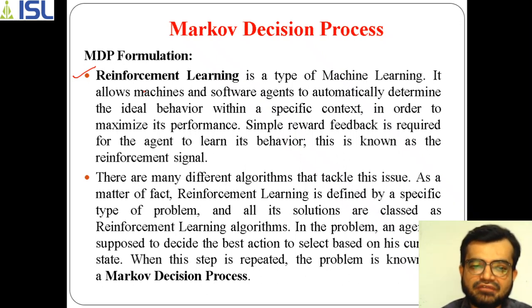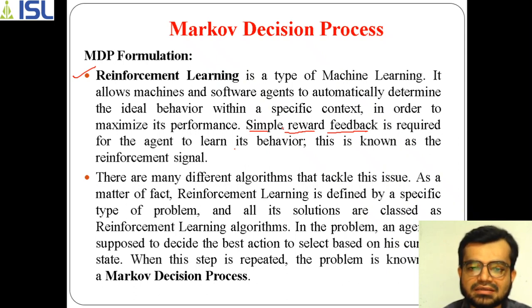If performance has to be maximized, what kind of strategy will be followed by reinforcement learning? The strategy is simple, called a simple reward feedback system. You can simply call it a feedback system. This is adopted in reinforcement learning.